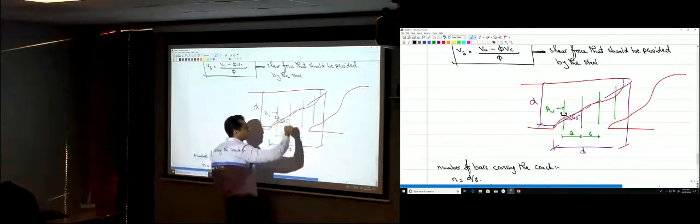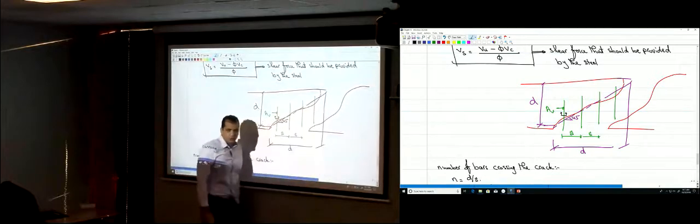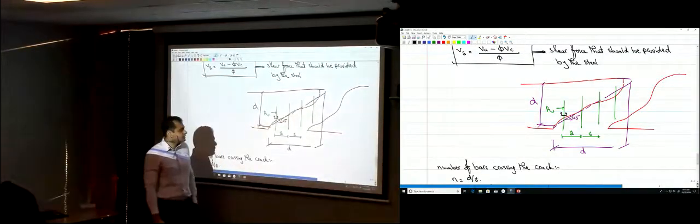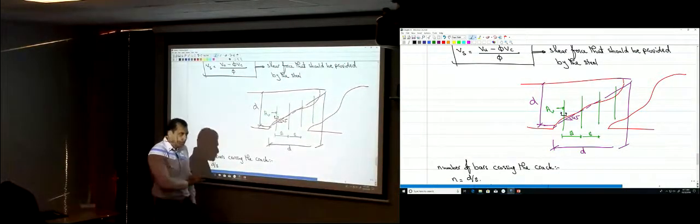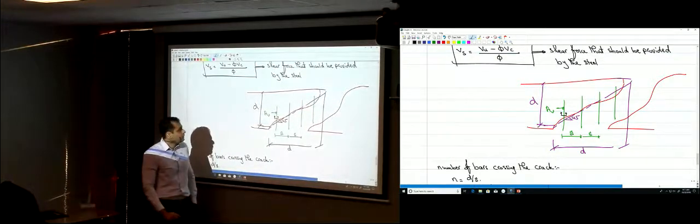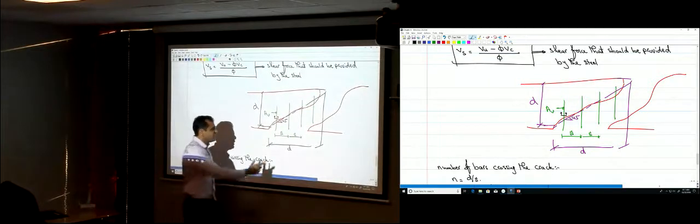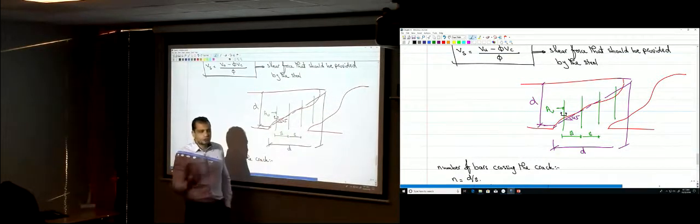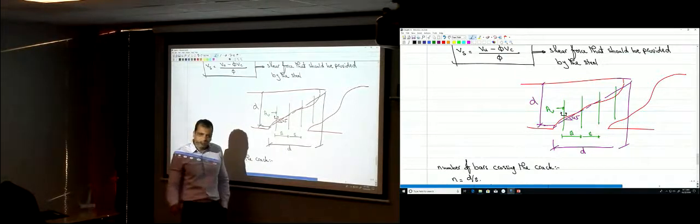And you're going to have those stirrups, you know, crossing this crack and resisting the shear force that is not resisted by the concrete. Okay? So let's say you need a spacing here that is 10 inches, 20 inches, 30 inches. Is there a limitation for this? Yes. There is a very, very important limitation for this.